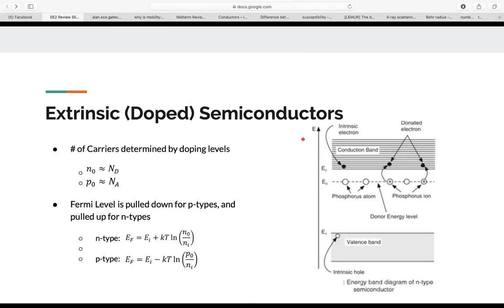And here are the other equations for that down here. And you can see in the diagram here, this is for an N-type crystal. The phosphorus ions are donating their extra electrons into the conduction band. So there's only one hole in the valence band, but there are 3 electrons in the conduction band because of the doping.